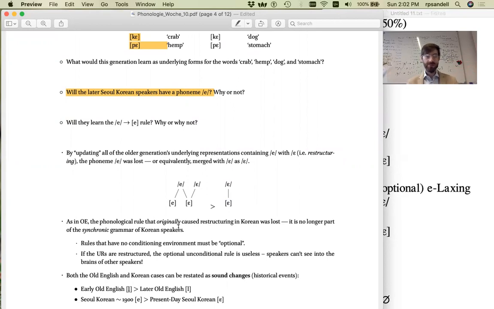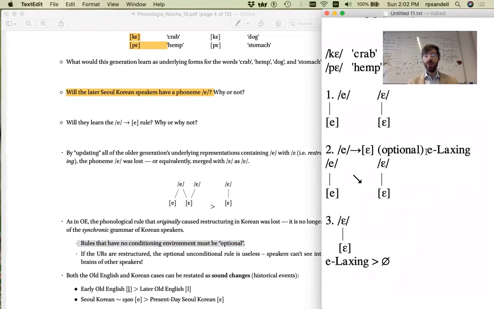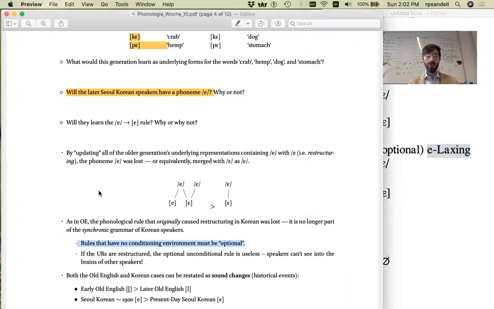And this is because essentially rules that lack a conditioning environment, rules like lateral voicing in Old English or laxing in Seoul Korean about 100 years ago, must be optional rules. Without the optionality condition or an environment that says where the rule can be applied, the speaker can't acquire the rule at all, or has no reason to posit or to assume that that phonological rule existed.